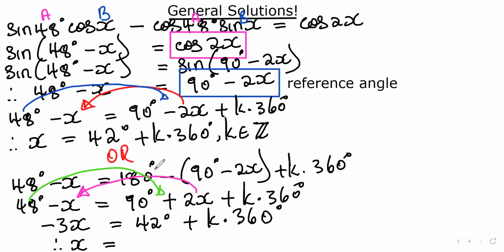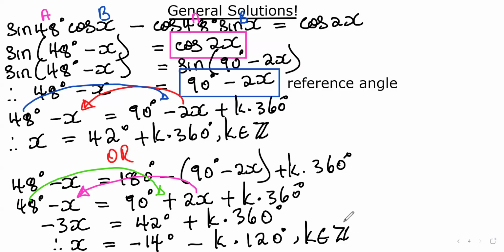So 42 divided by 3 simply gives us negative 14 degrees minus k times what? 360 divided by 3 is 120 degrees. And don't forget to mention that k has to be an element of integers.